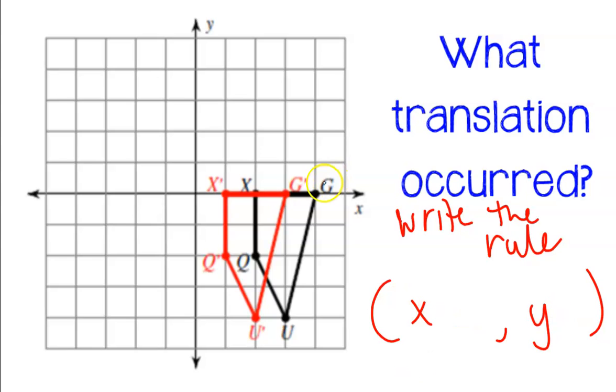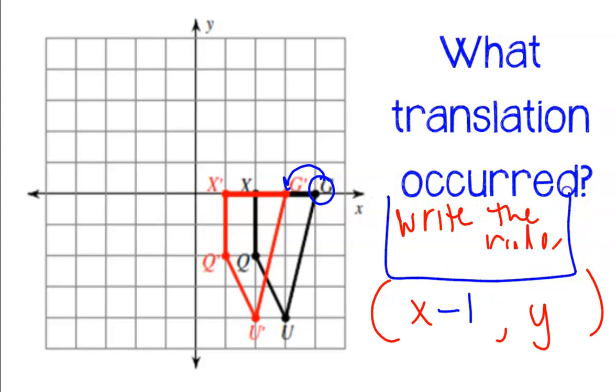So let's take a look at our original G and see how did we get to G prime. Well, we went 1 unit to the left. Now we did not have to go up or down, so we can put a 0 there, or we can just leave it alone, meaning we didn't do anything to the y value. So that is how you write a rule for translations.